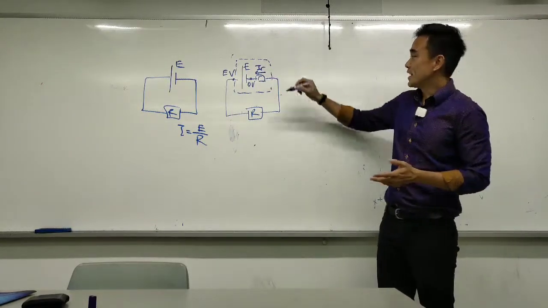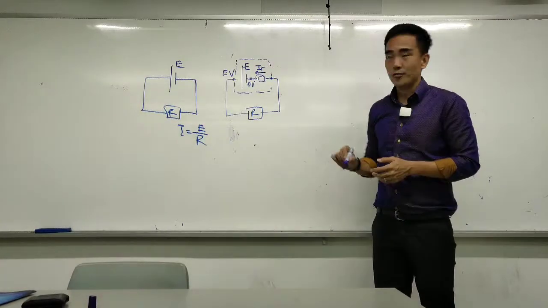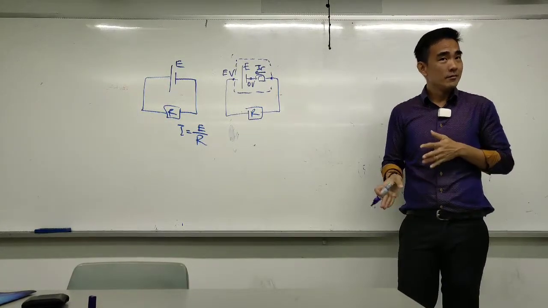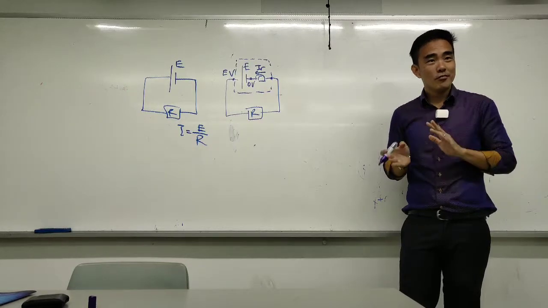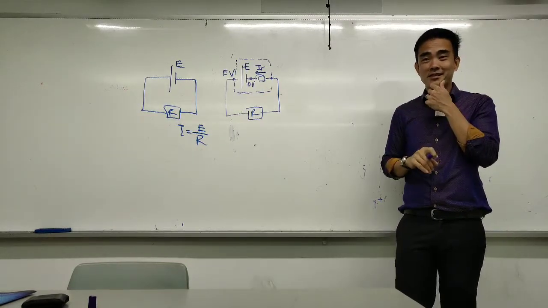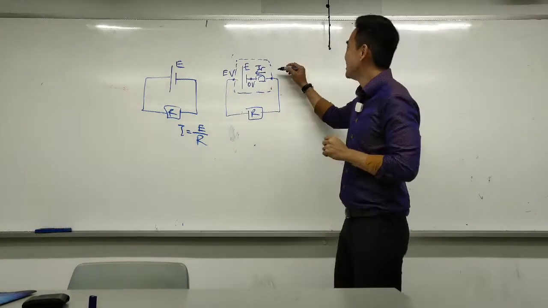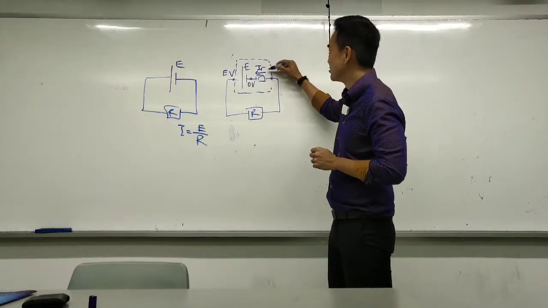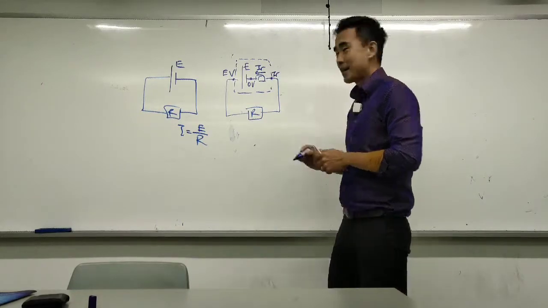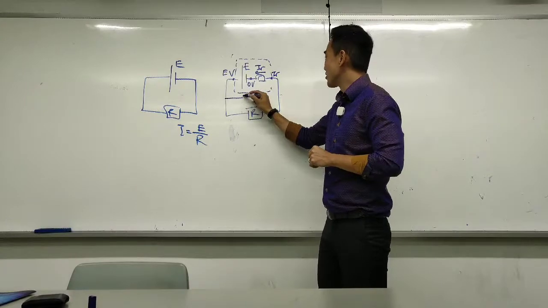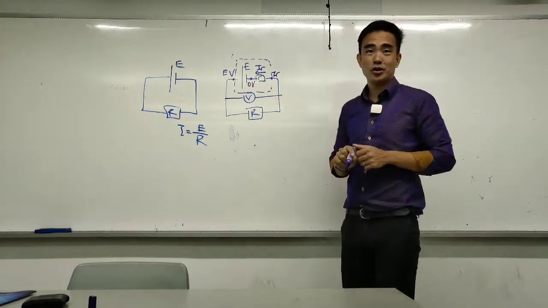Now which point has higher potential, this point or 0 volts? Current always flows from higher to lower or lower to higher in a resistor? Higher to lower, yeah, correct. So if this is 0 volts, since the potential difference is Ir, this will be Ir volts. Agreed? Now if I were to put a voltmeter across, what will the voltmeter register?